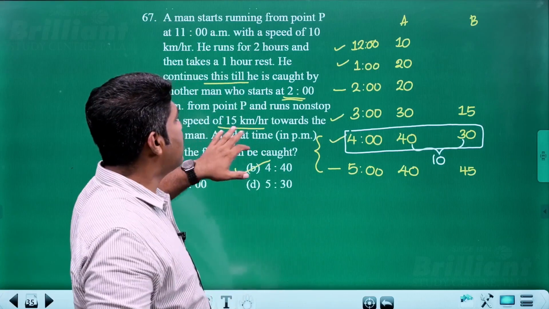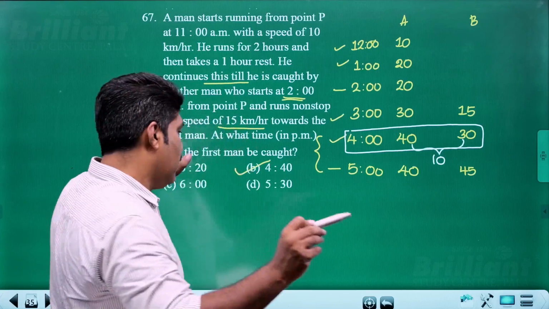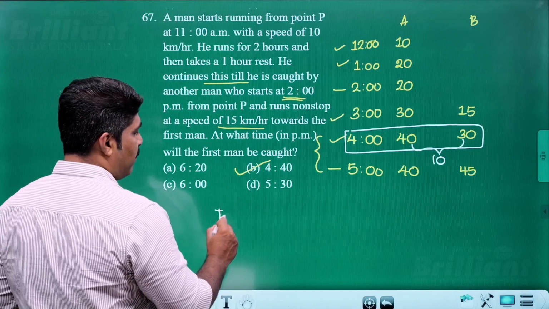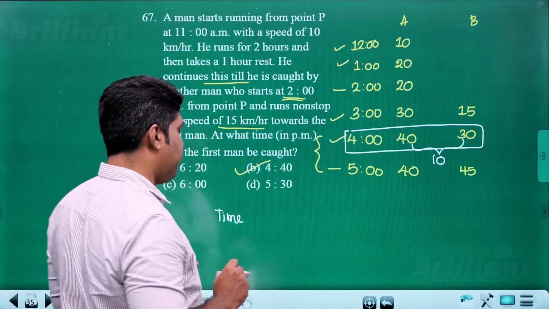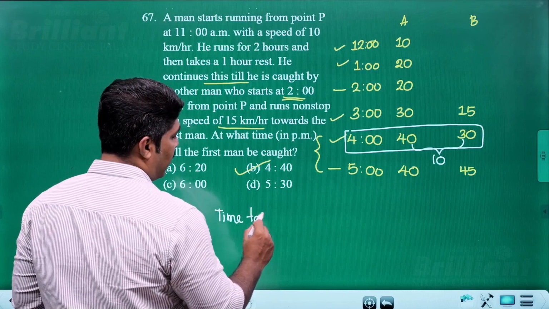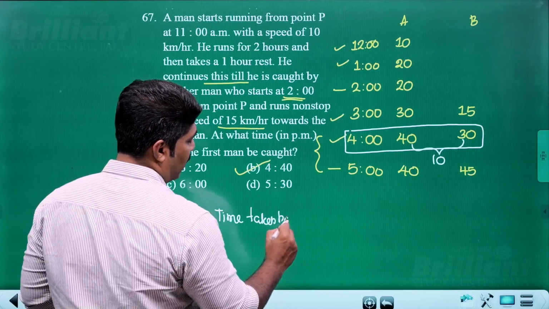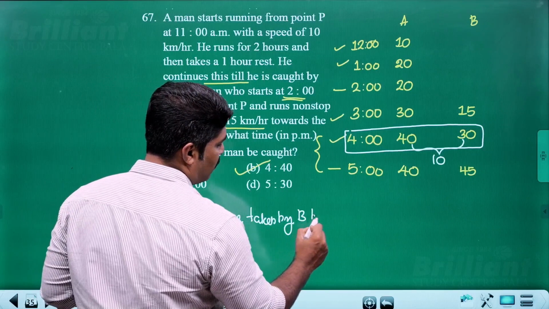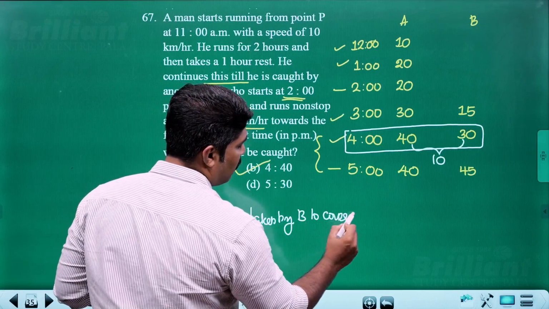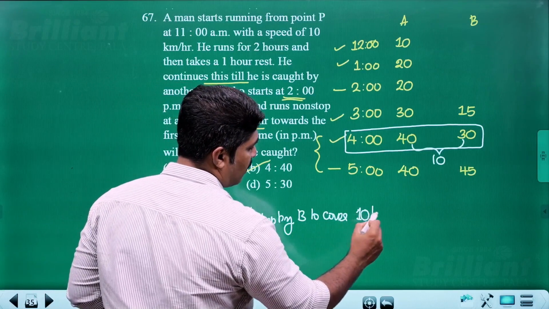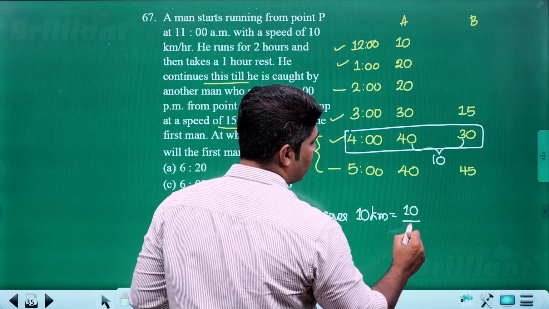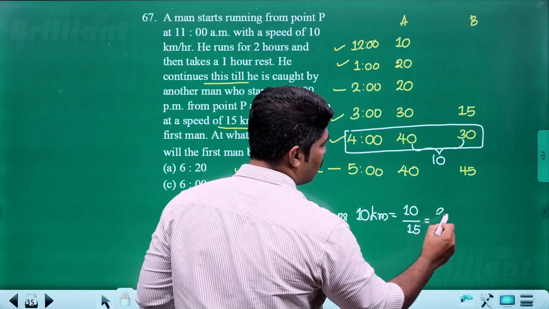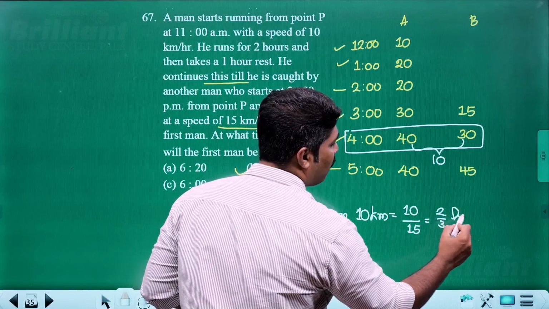As B's speed is 15 kilometer per hour, time taken by B after 4 o'clock, don't forget that point, to cover 10 kilometer is 10 by 15, that's equal to 2 by 3 hour.